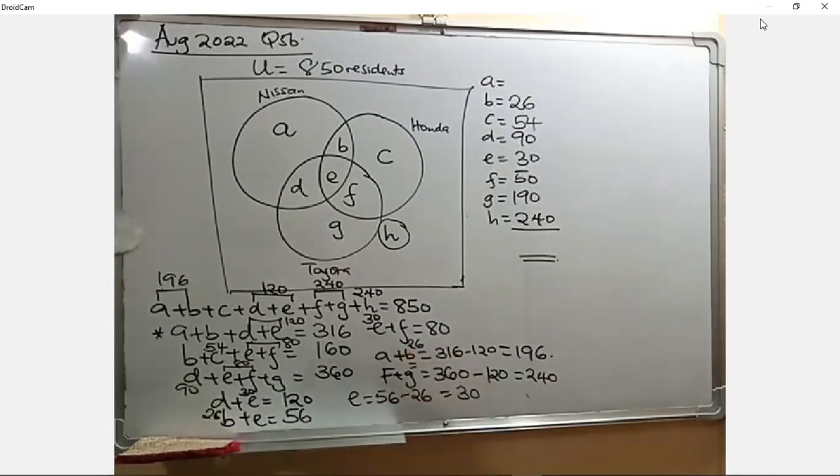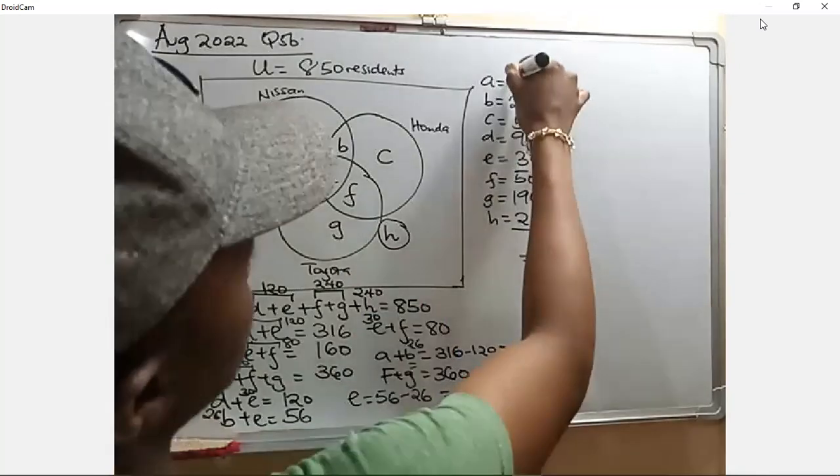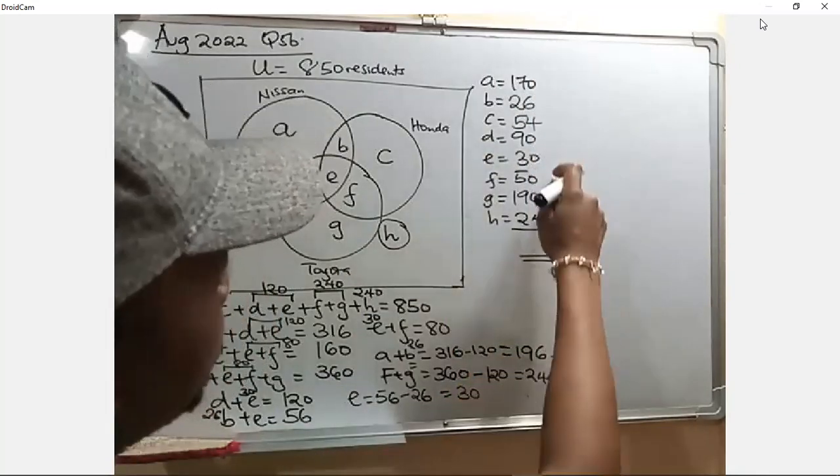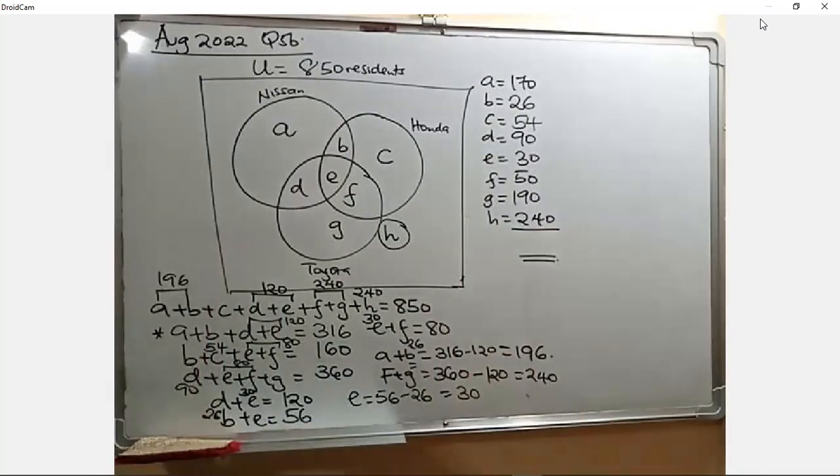If I take 196 minus 26, we are going to be getting 170. You can do your summation: 240 plus 190, plus 50, plus 30, plus 90, plus 54, plus 26, plus 170.